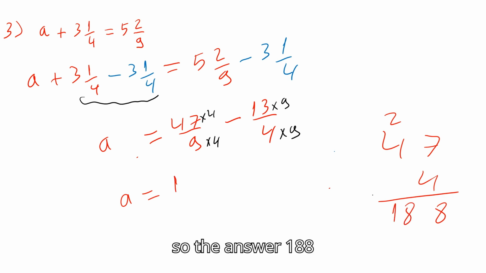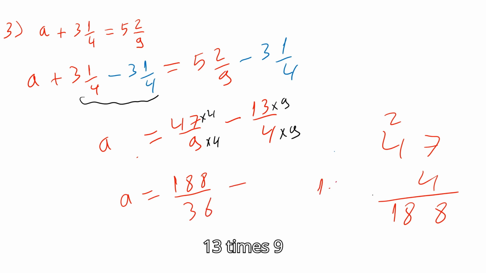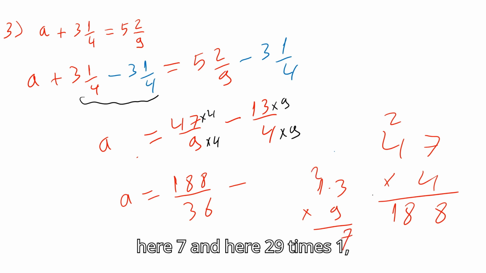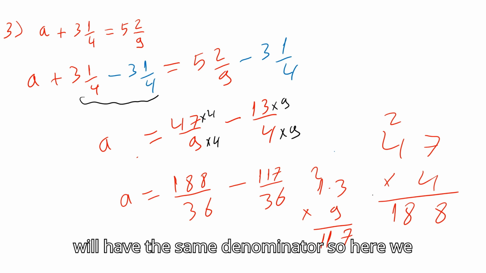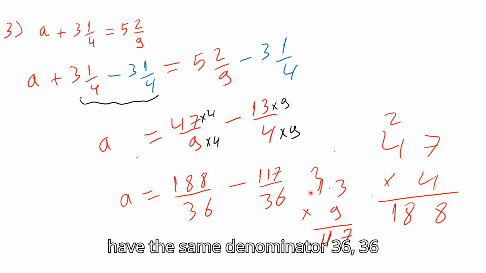So the answer is 188 over 9 times 4, 36, minus, now 13 times 9. 9 times 3 is 27, here 7 and here 2. 9 times 1 is 9, plus 2, 11. So 117 over also 36. In this way, we will have the same denominator, 36 and 36.